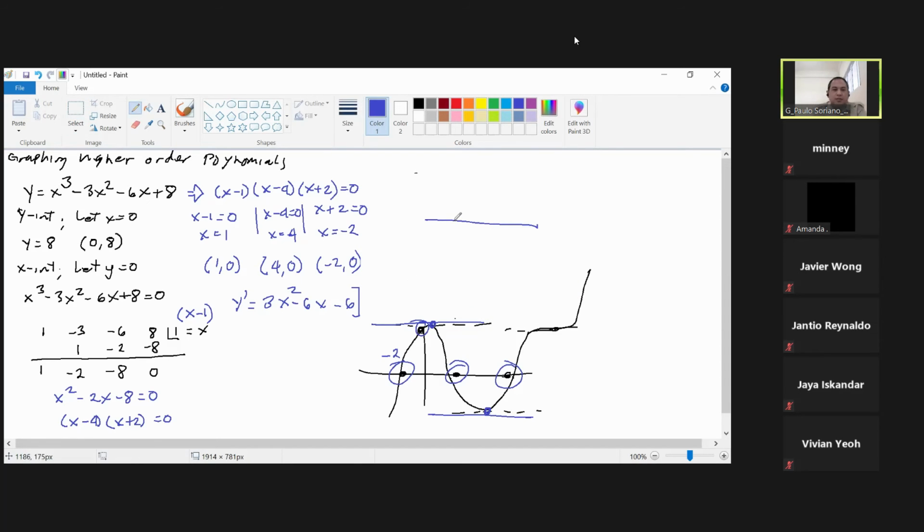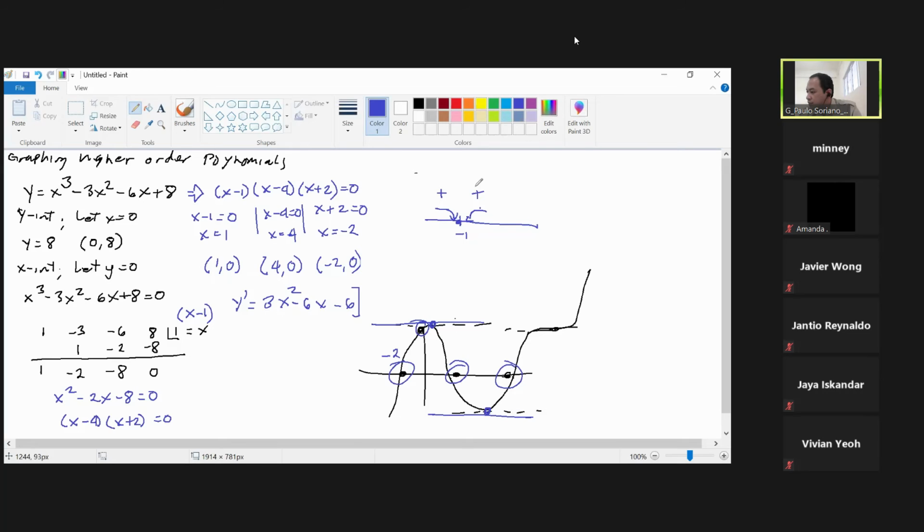If this is now -1, you test a small value here, let's say from here, and then test a small value here, and then look at the behavior. If it is positive and positive, then that means it's increasing according to our first derivative test.